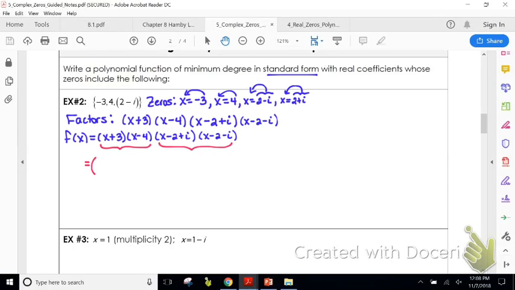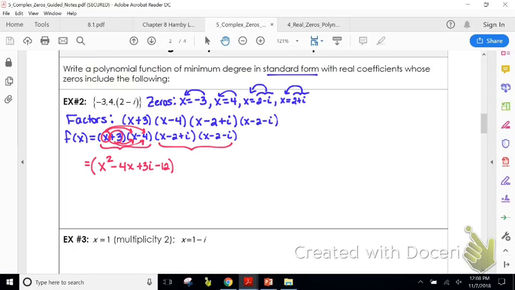So let's do the first 2. So we're going to take x times x, which is, y'all can help me here. All right, and then x times, be careful, that's a -4. And then 3 times x, and 3 times -4.